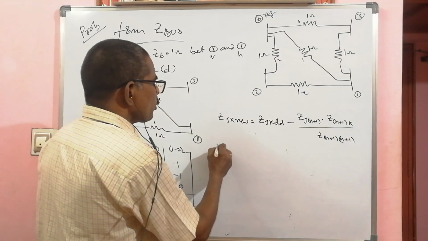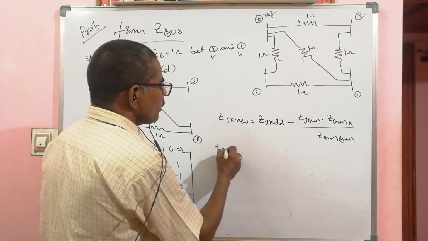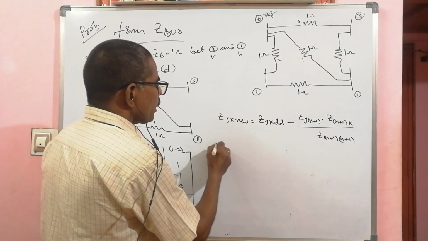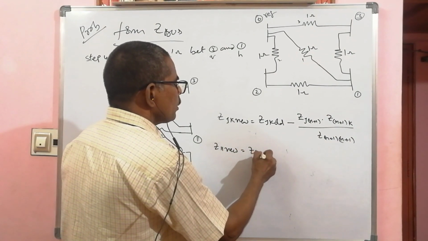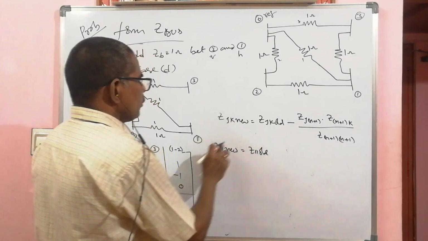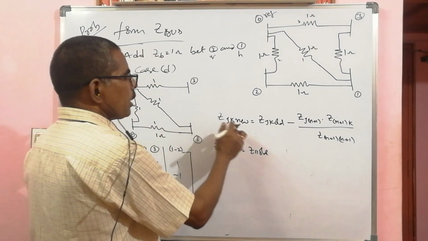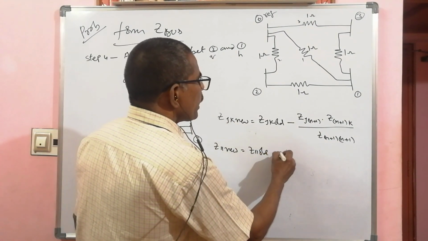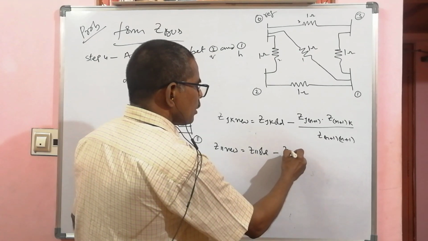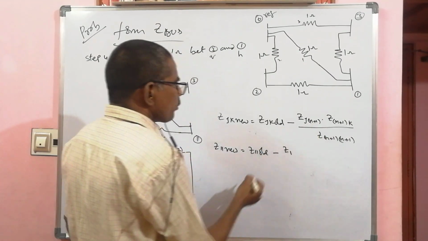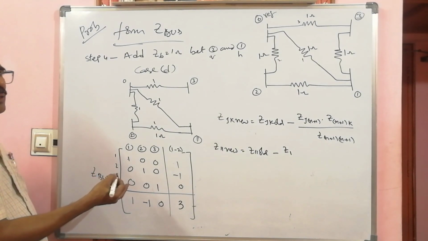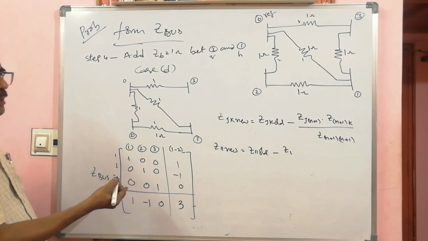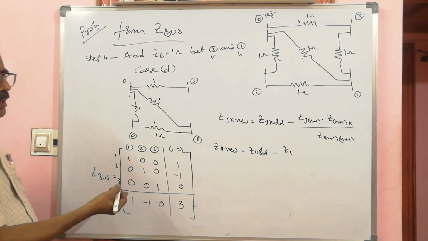So what is Z11 new? I am not writing it all out. Z11 new is Z11 old, for the first, J is 1, K is 1, Z11 old minus Z1, what is n plus 1? What is n? 3, is it not?